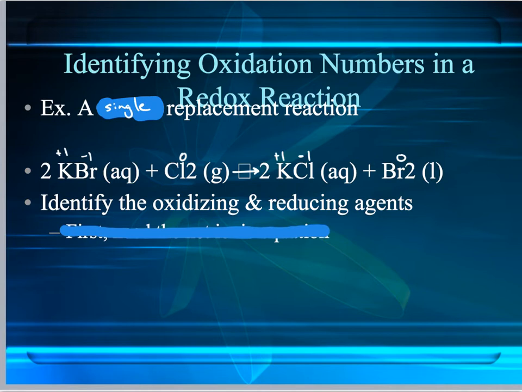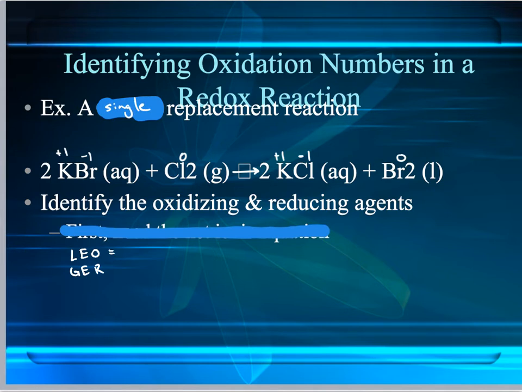So, identify the oxidizing and reducing agents. Well, let's just first figure out what is being oxidized and what's being reduced. Remember the acronym from earlier? LEO, GER. The thing that is losing electrons is being oxidized.